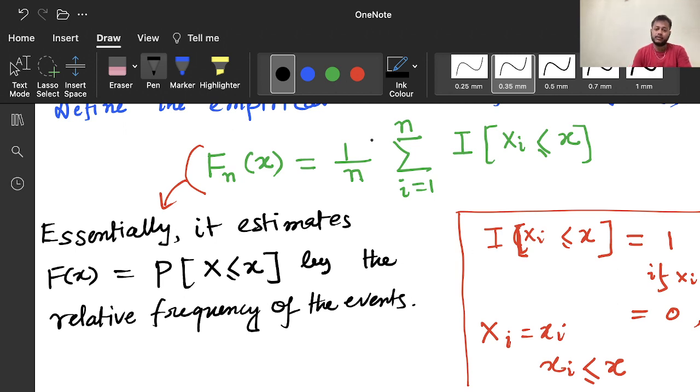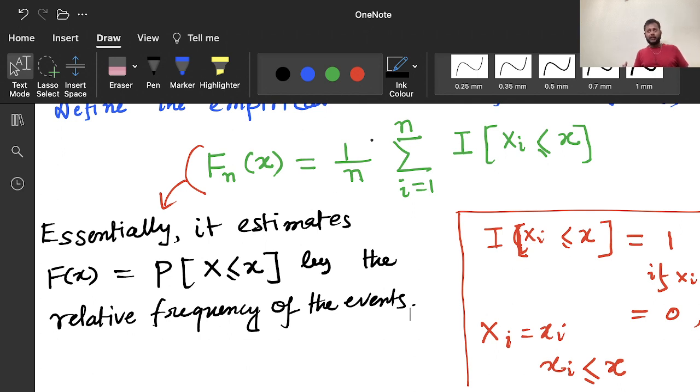Here we observe the frequency, that means how many times our observed random variable is less than small x, and that is the probability.